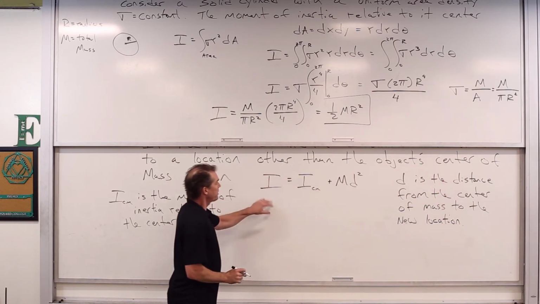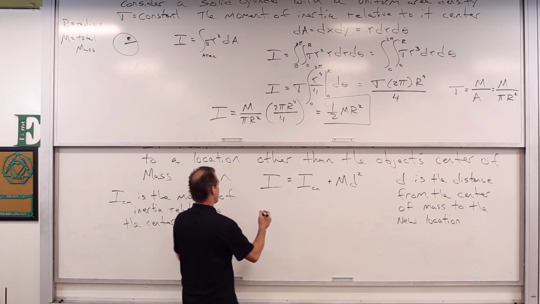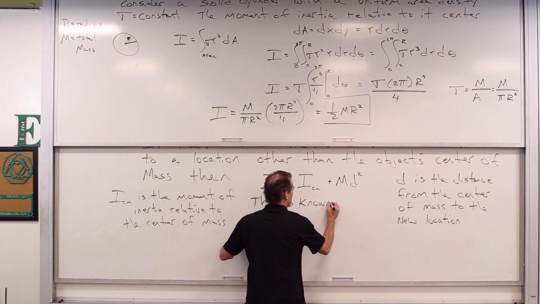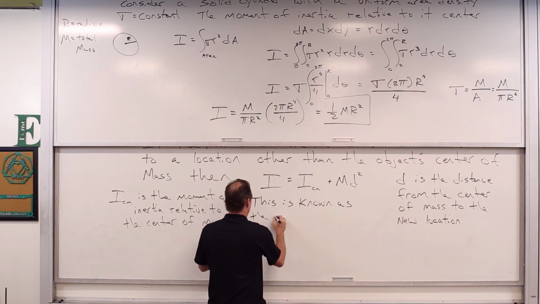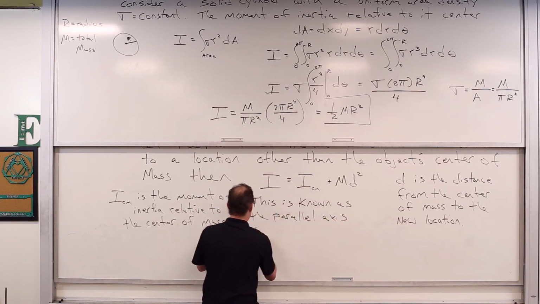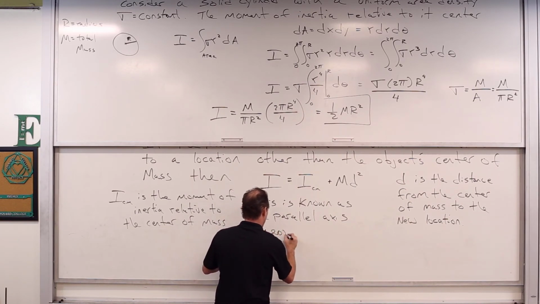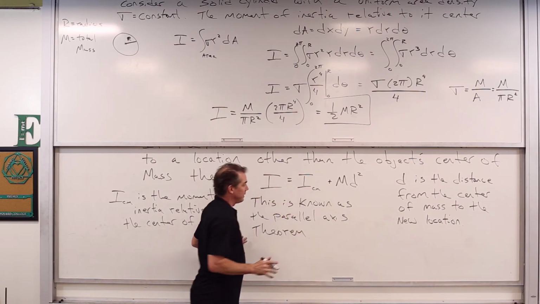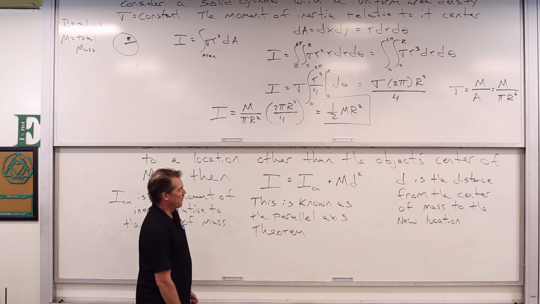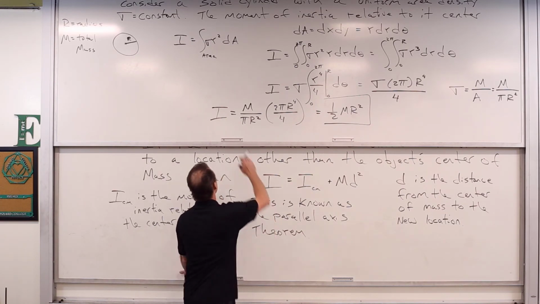So this is ultimately known as the parallel axis theorem, and it can be used to figure out what the moment of inertia is for a more complex mass distribution.